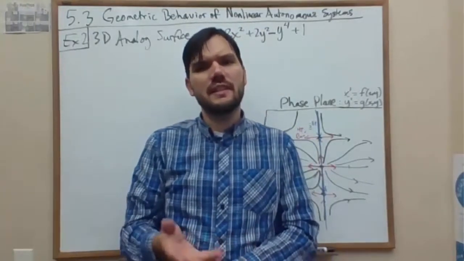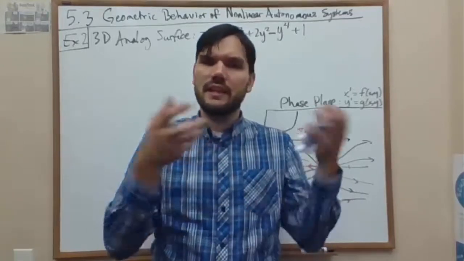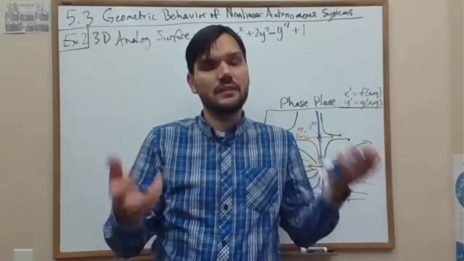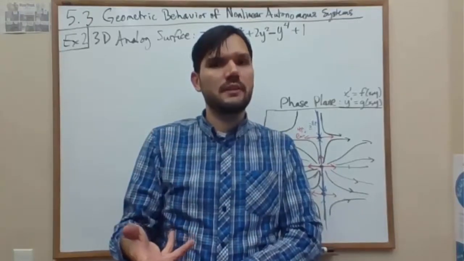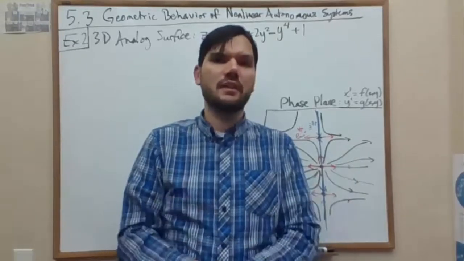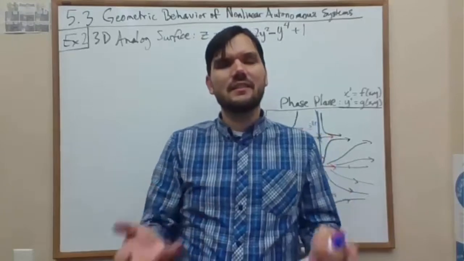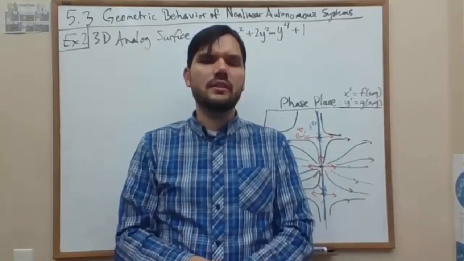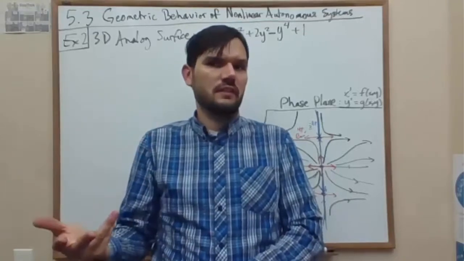Now I want to show you an example that connects differential equations, in terms of equilibrium points and analyzing a nonlinear system, to finding critical points and extreme values or optimal values of surfaces in multivariable calculus. That relationship requires us to find an analog 3D surface.